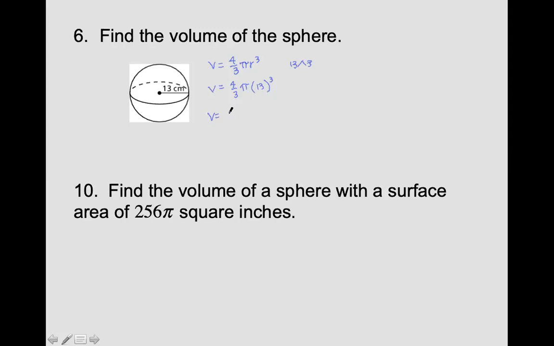So let's see, I'm going to first write down, I have my 4/3 times my pi. My 13 cubed is 2197. Then I multiply that all together, and I get the volume is about equal to 9202.77.